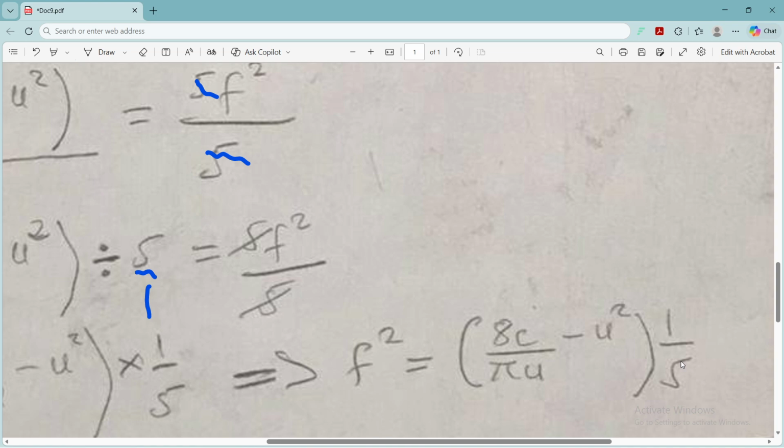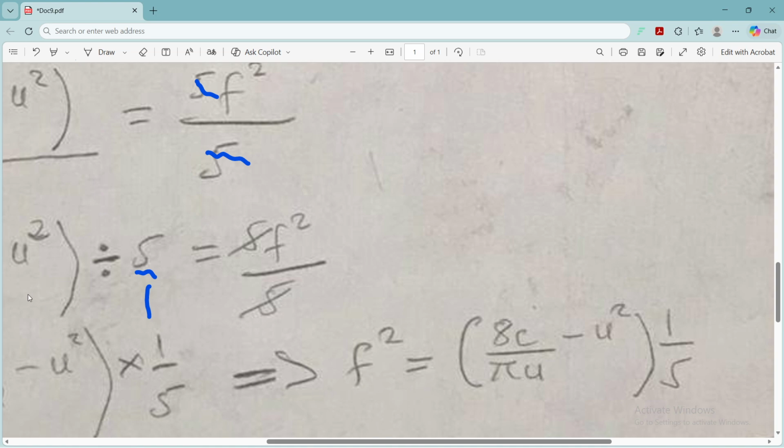So here we were tasked to make f the subject of the relation, but f square is not f, right? So in order to eliminate the square, we have to introduce the square root. Whatever you do for the left hand side of the equation, you do the same for the right hand side of the equation, right?